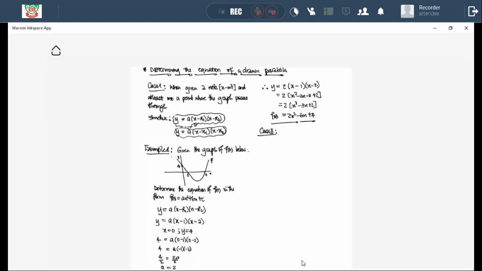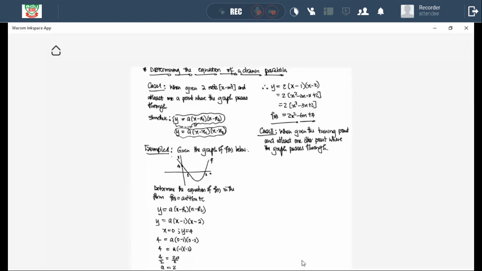The second case is when you are given the turning point and at least one other point where the graph passes through.